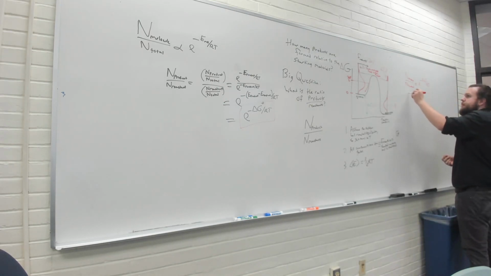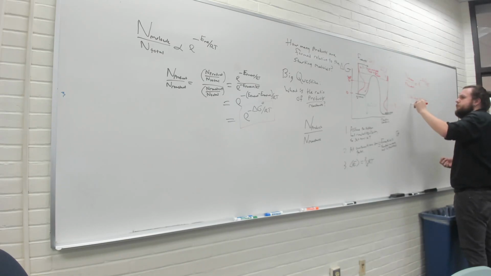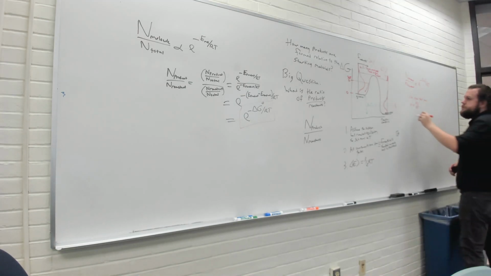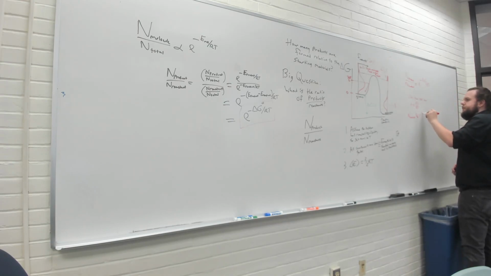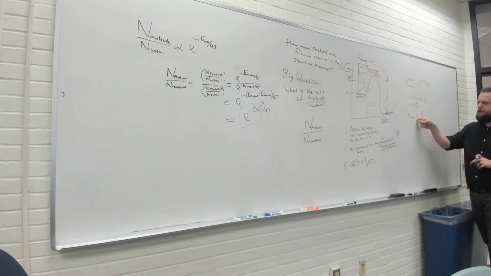What we can use is the ideal gas law, which says that the number of moles equals PV over RT. And what is the number of moles? The number of moles is the number of molecules times Avogadro's number equals PV over RT.